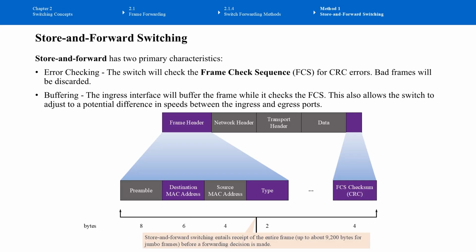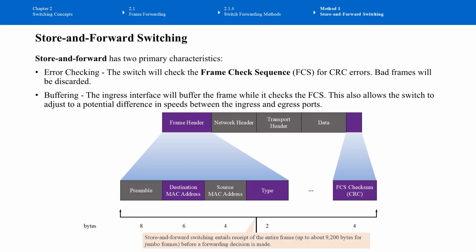For store-and-forward switching, there are two primary characteristics. Error checking: the switch will check the frame check sequence for CRC errors. The bad frame will be discarded. So as you can see, it checks the errors. Therefore, the quality of the outcome is better, but it requires more CPU resource. The process is slower, wastes a little bit more power, and so on.